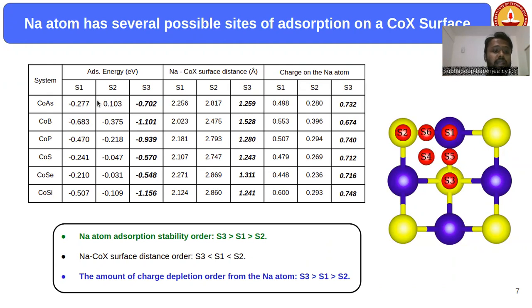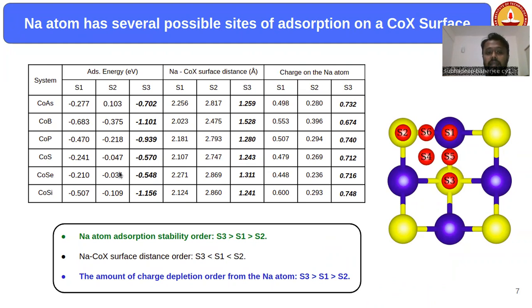From the given adsorption energy values, we can see that in all the structures, S3 is the most stable site, then S1, then S2. The adsorbent height and the Bader net charge on the adsorbate atom clearly depict the adsorption stability order.